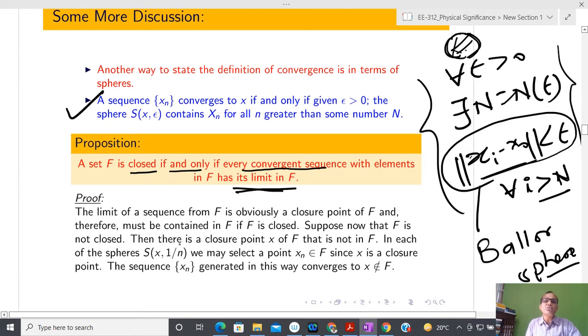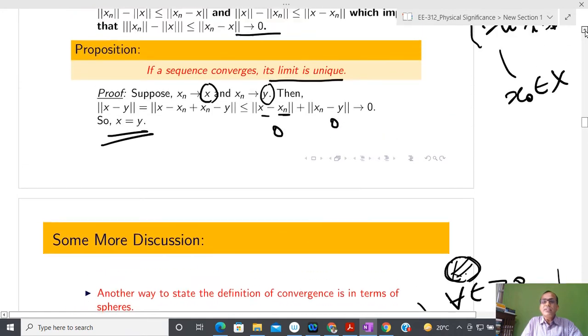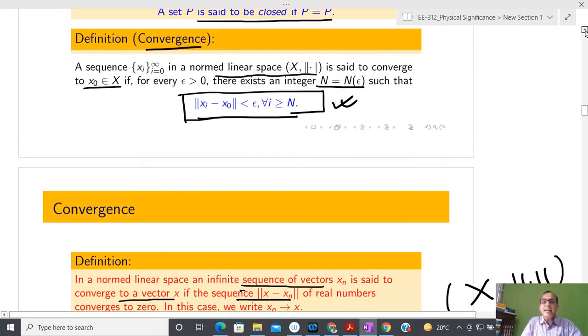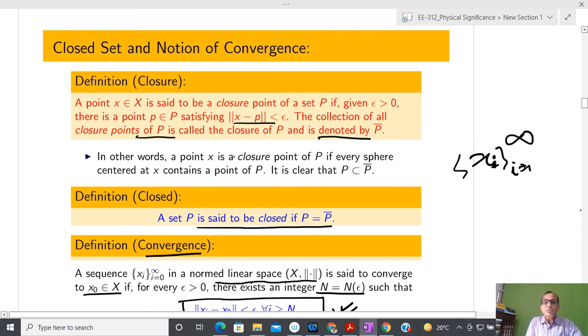The proof is not so important for us, so just for the sake of completeness I have written it here. Basically the limit of a sequence in F is obviously a closure point of F, because whenever we talk about a convergent sequence, we give the definition like this. If you look carefully at the definition of closure, the definition is exactly the same.